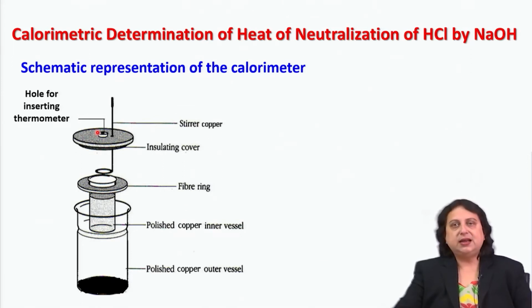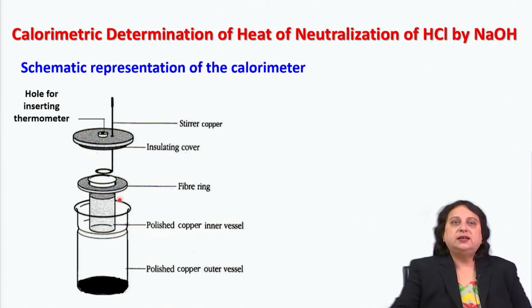So, the basic idea is, before the reaction starts, I should be able to measure the temperature of the solution contained within the inner vessel, and then once I have started the reaction, I should also be able to measure the change in temperature by noting down the new temperature that results from the completion of the neutralization reaction.